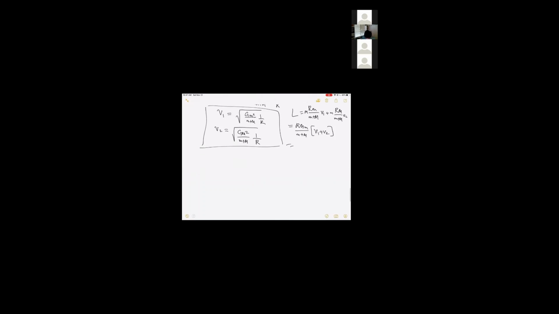So it just becomes R M m times... So the total angular momentum is then equal to M m root G R over M plus m.